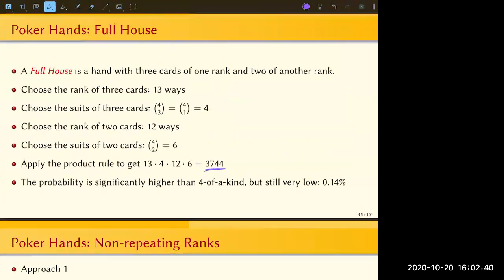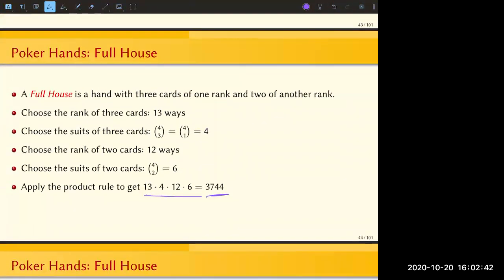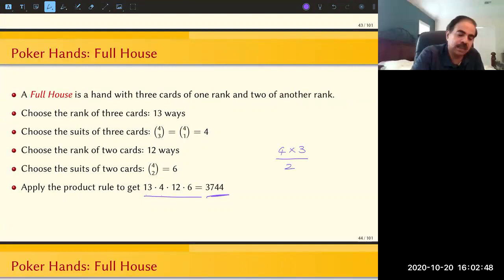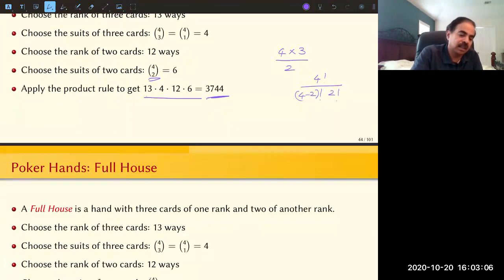Could you explain how 4 choose 2 becomes 6? Right, so it's 4 factorial over 4 minus 2 factorial times 2 factorial, right? So that's the definition of 4 choose 2, right? So if you do the math, it'll be 6.